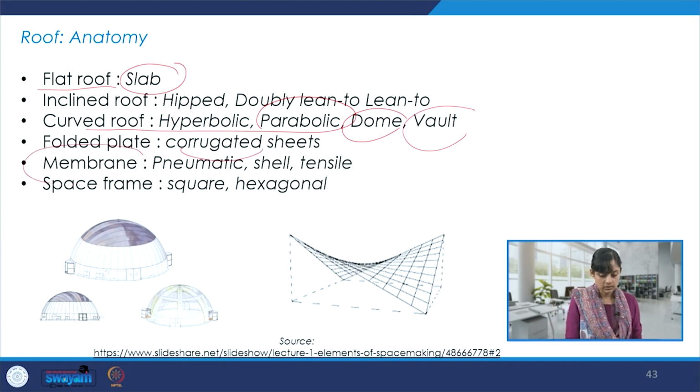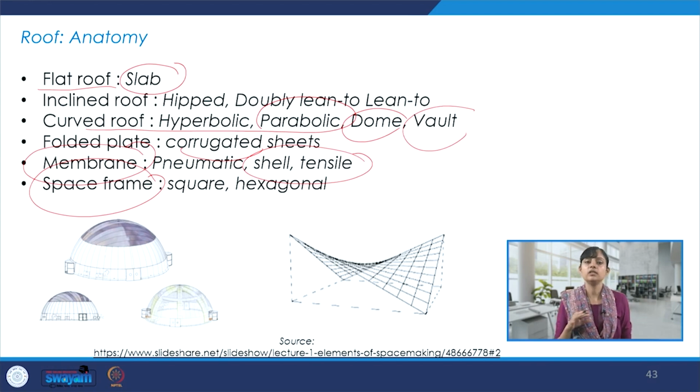It could be like a membrane, a shell or tensile roof structure. Could be a space frame, so hexagonal or square, etc. So actually the roof anatomy is very fascinating, and it could create very interesting vocabulary to the entire design of the built form of the project that is being worked upon.